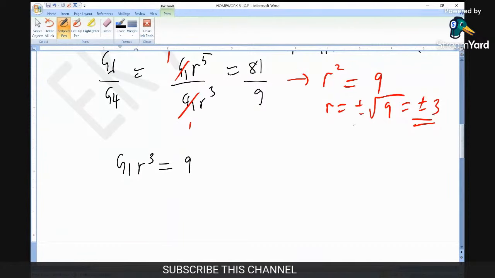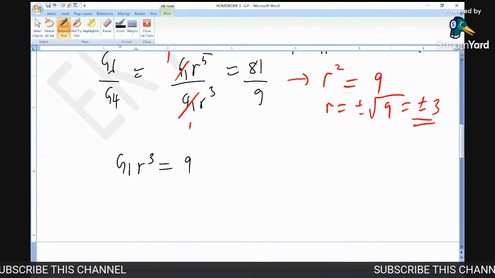We have two values of r: r equals plus 3 and r equals minus 3.